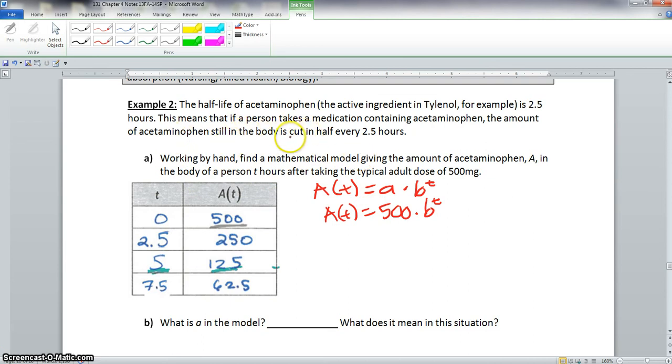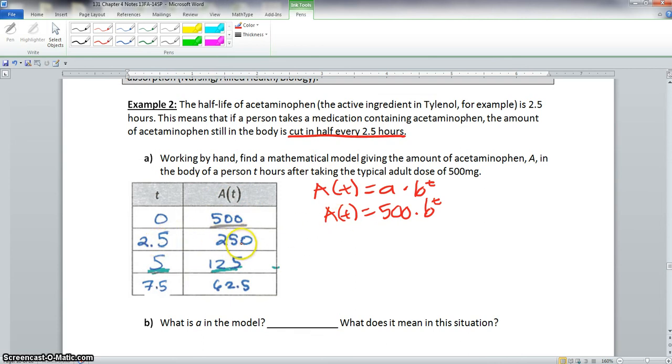It tells us that the amount of this element will be cut in half every 2.5 hours. So our time will go from 0 to 2.5 hours. And we're already told that the amount in the body will be cut in half, which would be 250.